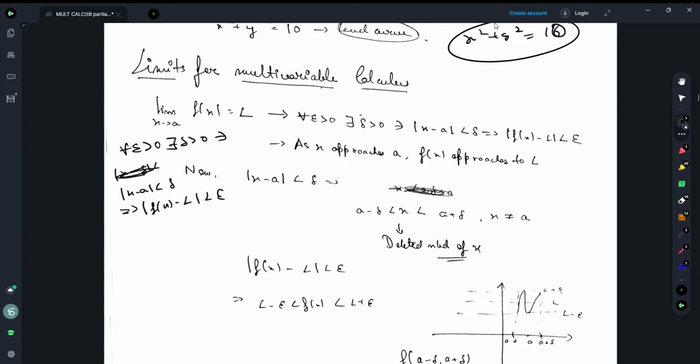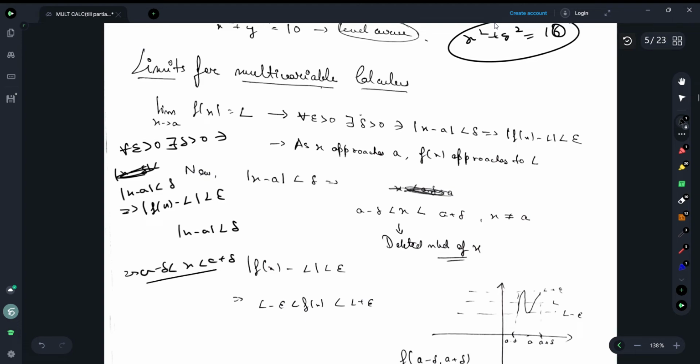That is, as the distance between x and a decreases or comes within delta, basically, mod of x minus a less than delta gives you a neighborhood of the point a. Mod of x minus a less than delta basically means x is between a minus delta and a plus delta.